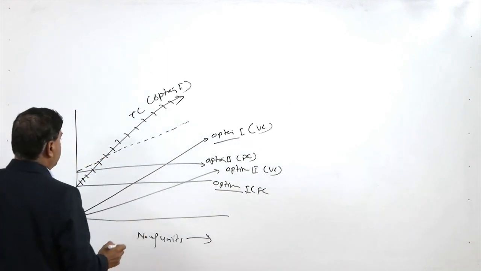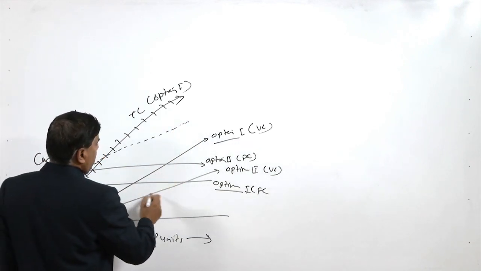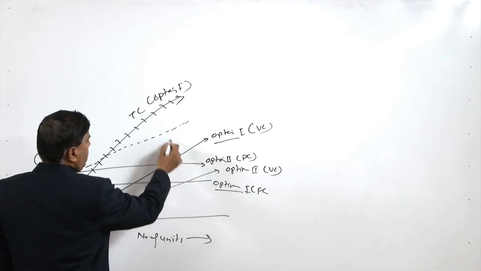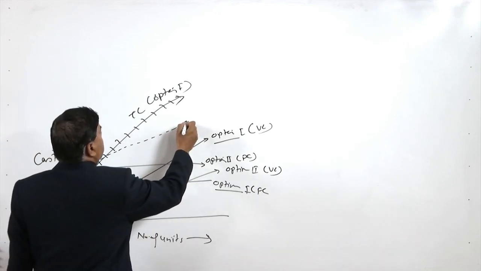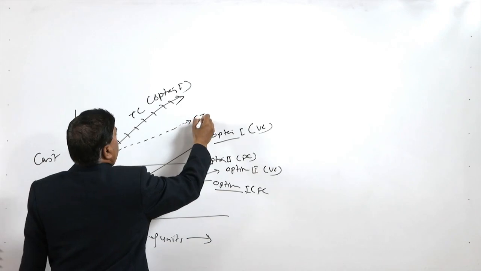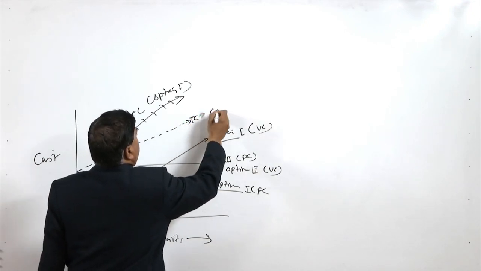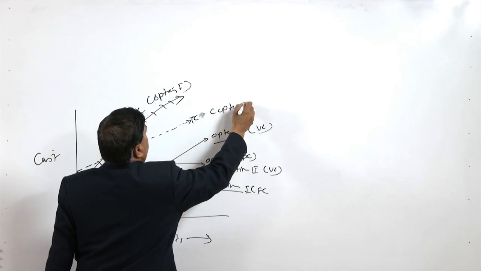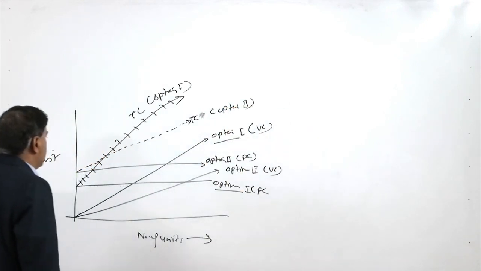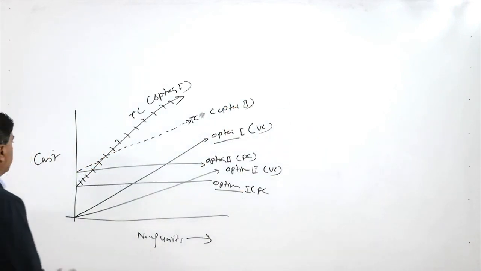This will be parallel to the other option. So, this is the TC for option 2. This is what we can see as the total cost.